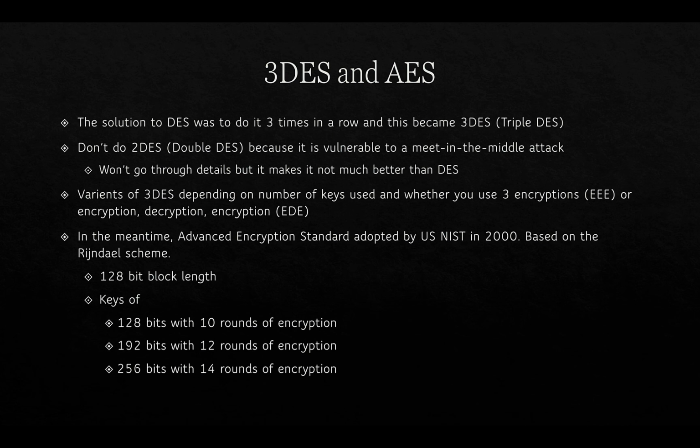This uses a 128-bit block length, and optionally keys of 128 bits with 10 rounds of encryption, 192 bits with 12 rounds, and 256 bits with 14 rounds of encryption. So we're already massively improved on the 56 bits. And remember, because it's 2 to the power of the key length, each bit that you add gives you a much larger effect. And 256 is considered uncrackable by most, by brute force certainly.